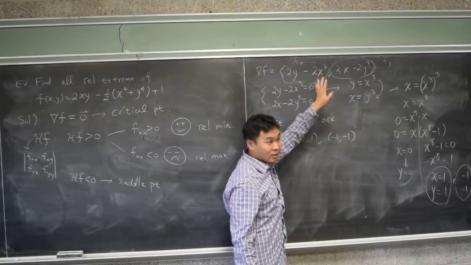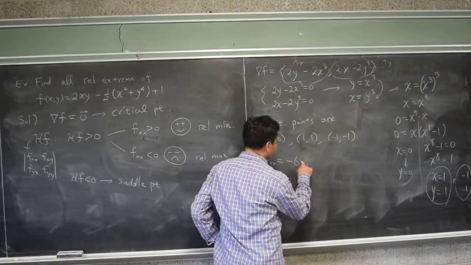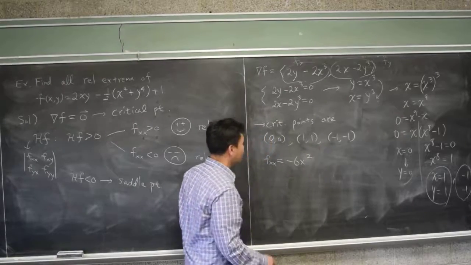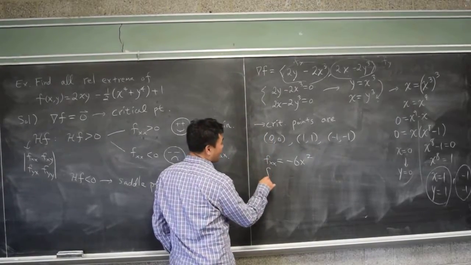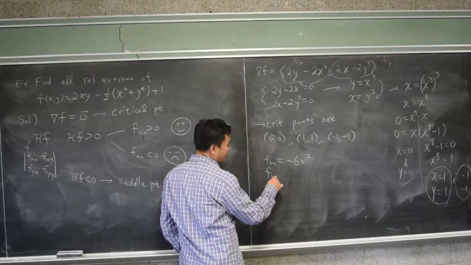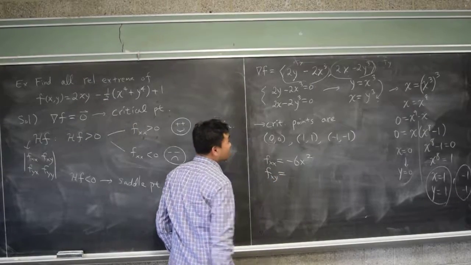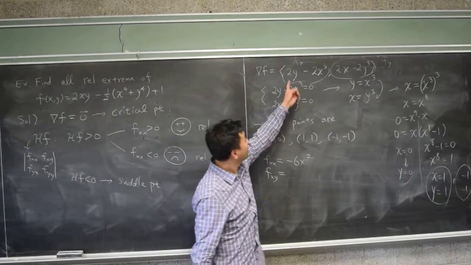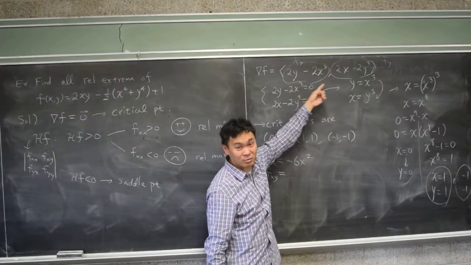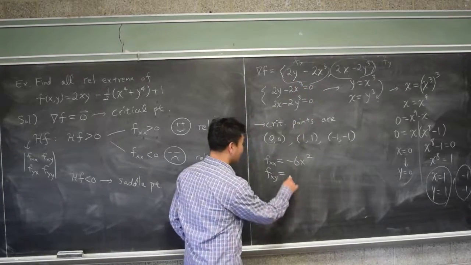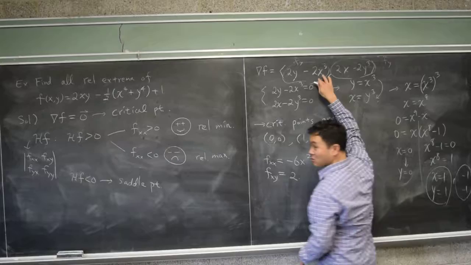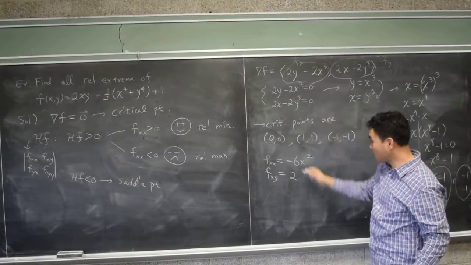Differentiating this by x, you get negative 6x squared. And then if I take fx and this time differentiate by y, what do you get? Just 2. Because 2x cubed, when you differentiate by y, is 0, so you only get 2.